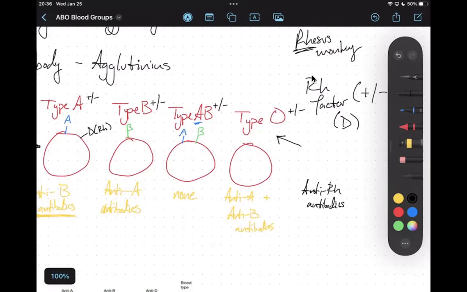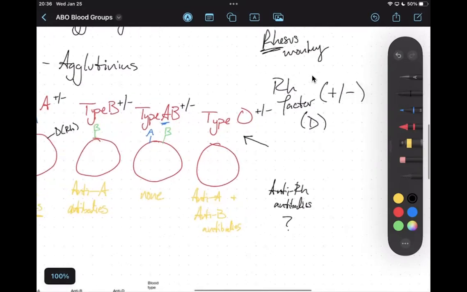So if they're not innately there, then how do they get there? How do we develop these anti-RH or anti-D antibodies? Well, we have to be introduced to blood that is Rh positive, in a process called sensitization.